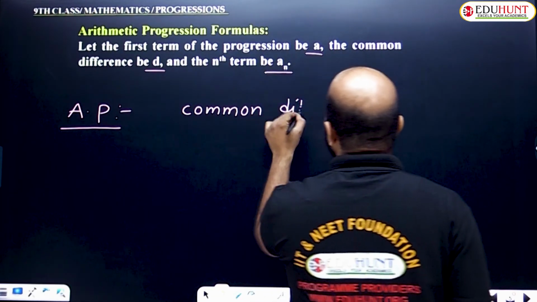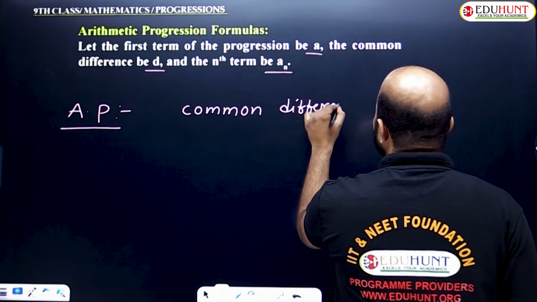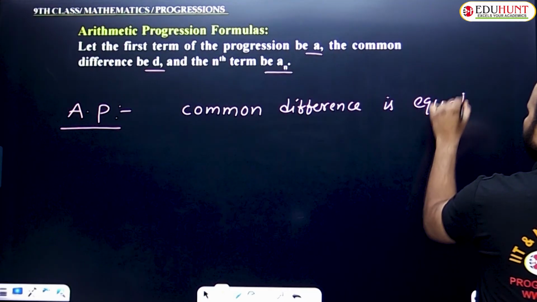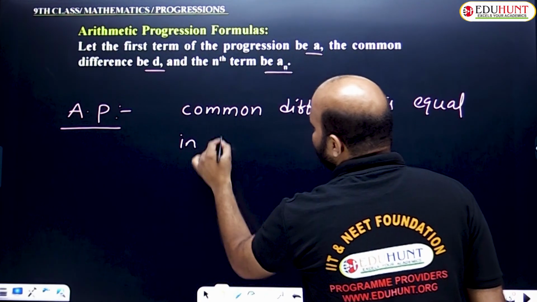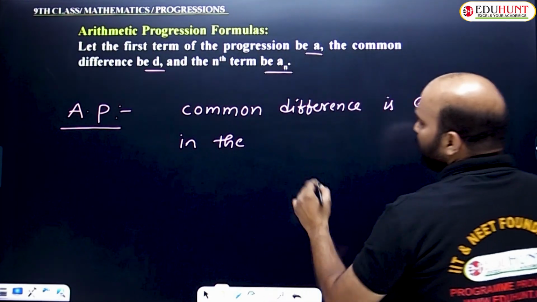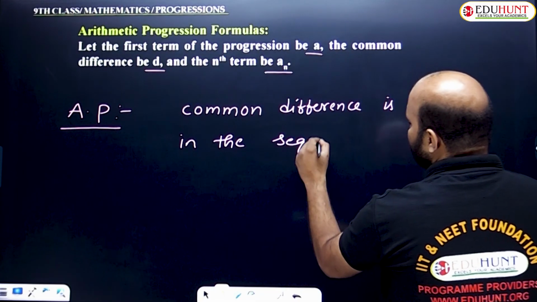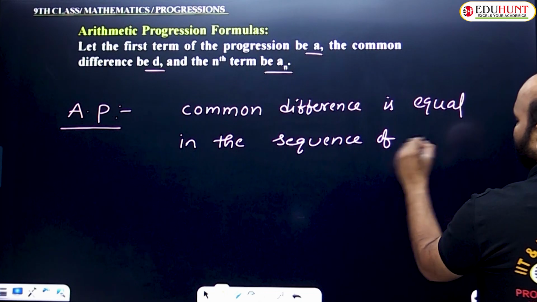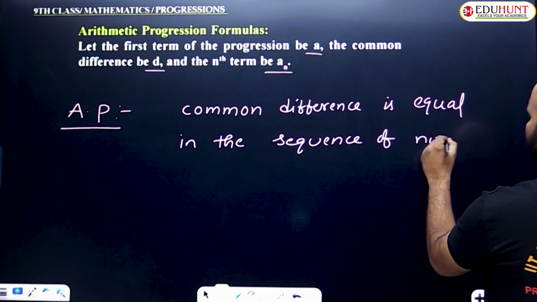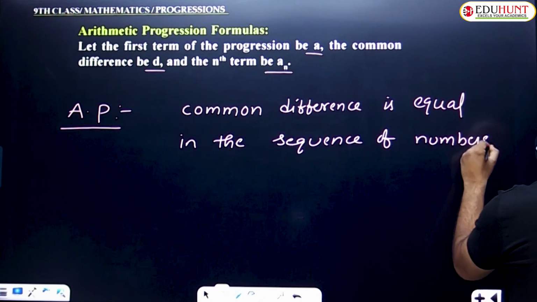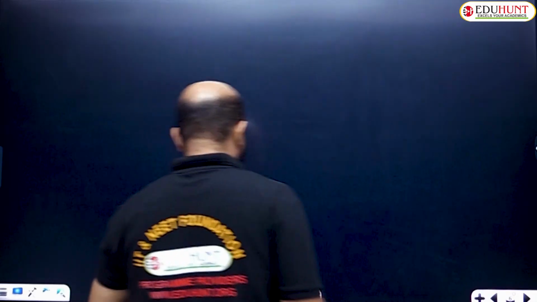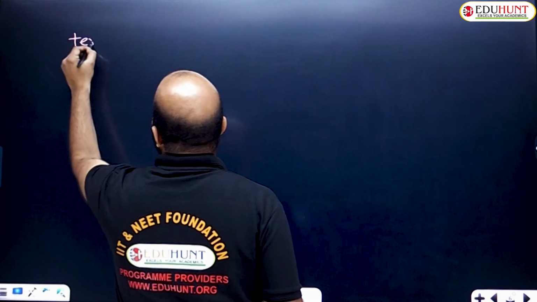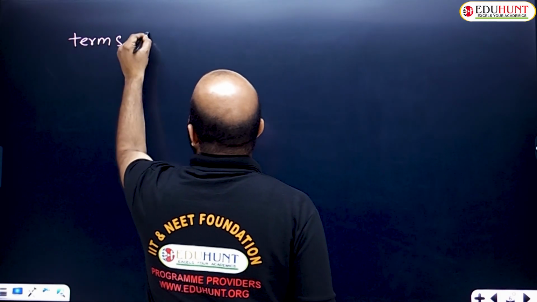Common difference is equal in the sequence of series or sequence of numbers. So this is called AP. So clearly we need to understand the terms in AP.